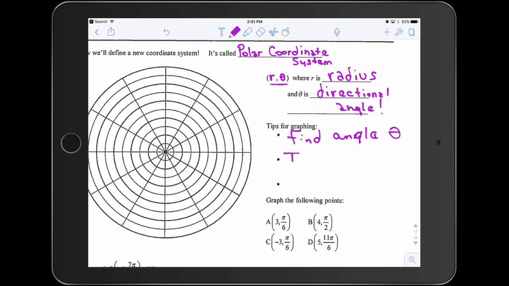If R is positive, and that's really important to note, because positive versus negative does something different, move R steps toward the angle, and I'm going to demonstrate what that means in a moment.